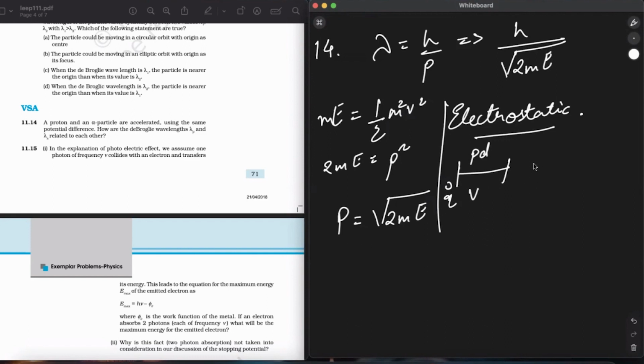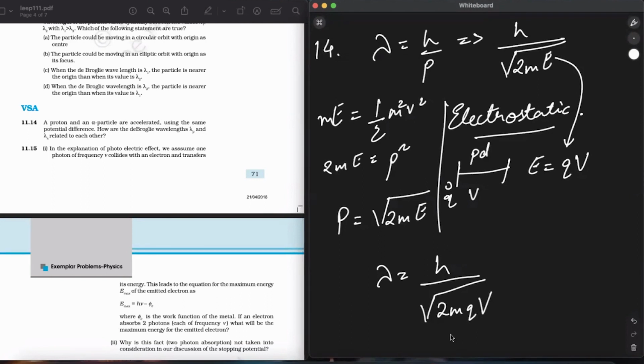So the energy which is developed is Q times V. Now in the place of E, I can write QV. Lambda is equal to h upon under root of 2mQV. So this is the formula for lambda which we have developed till now.